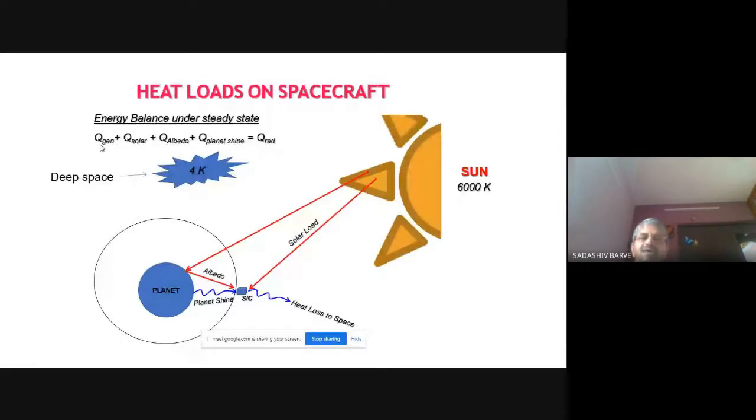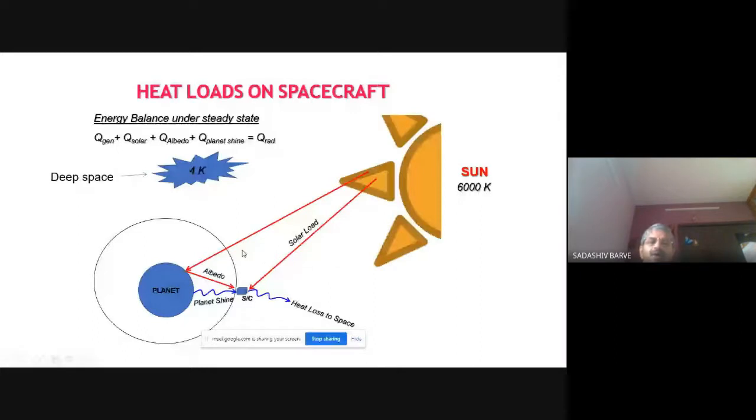Then the amount of solar energy the illuminated portion of the satellite receives. Then albedo is the portion of the energy that falls on the Earth's atmosphere and gets reflected back. That is called the albedo load.